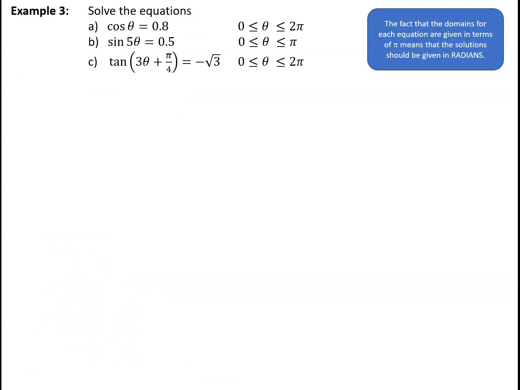And to finish the video, we're going to solve 3 equations involving trigonometric functions defined on domains which are given in terms of pi, which certainly suggests that we are working in radians rather than in degrees. For the first one, we've got cos theta equals 0.8, so it's worth starting straight away with a quick sketch graph of cos theta.